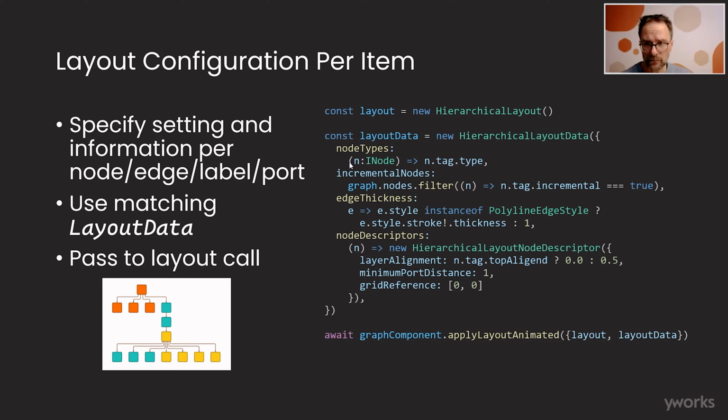This one takes a binding, and you tell it for each node, basically, take a look at the tag and use the type property to understand whether two nodes are of the same type or not. Then you can get a layout like this below, where the yellow ones have the same type and the green ones have the same type. If you had omitted that information, they might have been mixed up altogether. Finally, pass both of these to the layout call, and then this information will be applied.